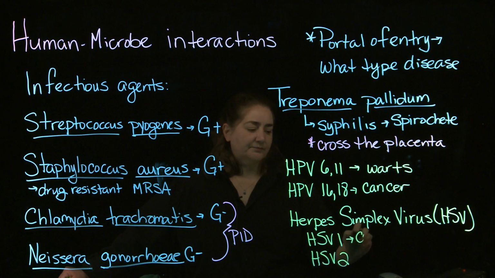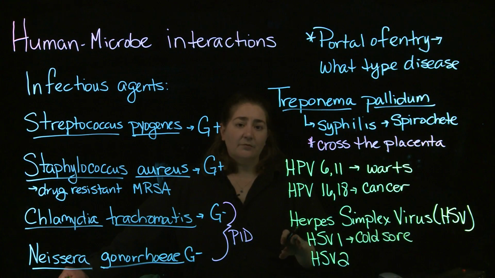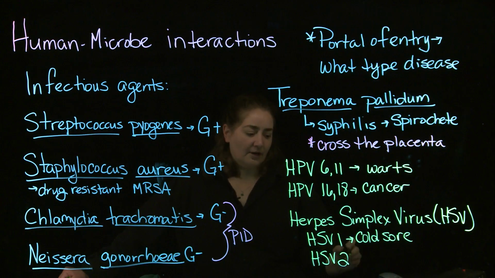Type 1, if you've ever had a cold sore or a fever blister, that was from a herpes simplex virus type 1 infection. Almost all of us have had a herpes simplex virus type 1 infection, okay? And that's very common in the population, all right?